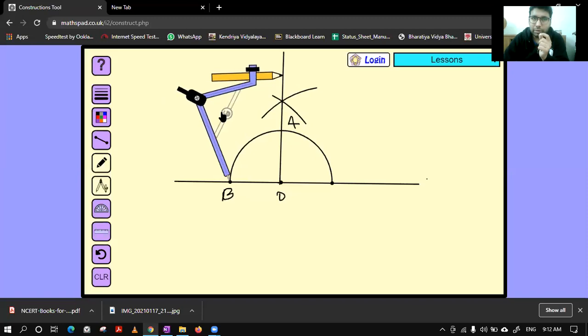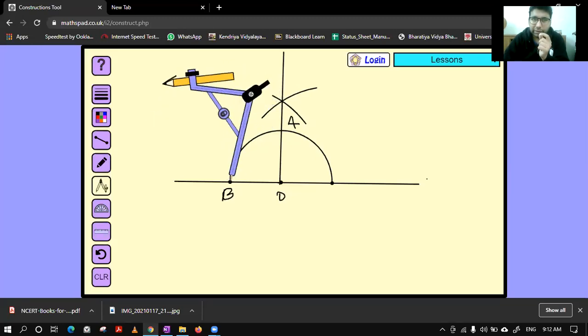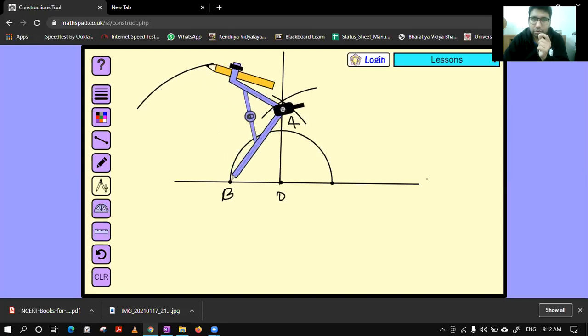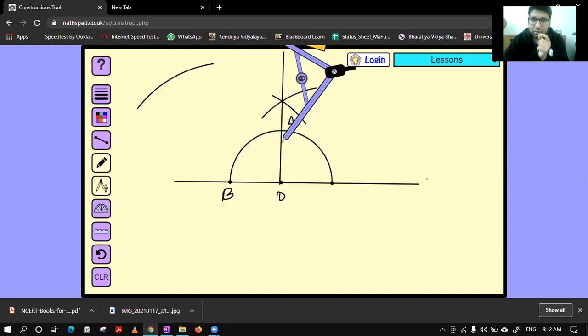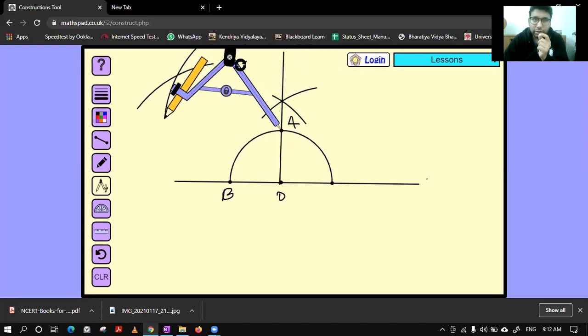So let me open a little bit to take the first arc. It will be somewhere here. The second arc, it will be somewhere here. So we have obtained that thing like this.